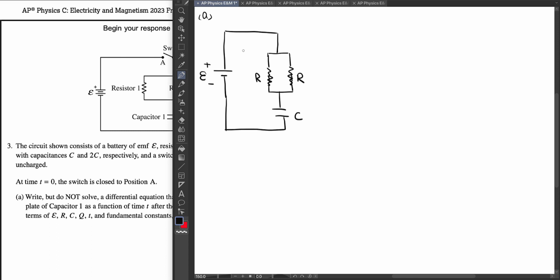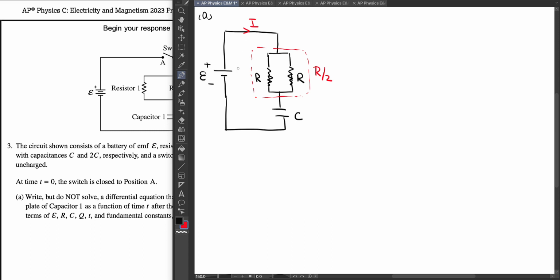Okay, so now we can replace this part of the circuit by R over 2. That's the total resistance from a parallel connection of the two resistors. Now let's assume that the current direction is this way, which is actually the actual current direction.